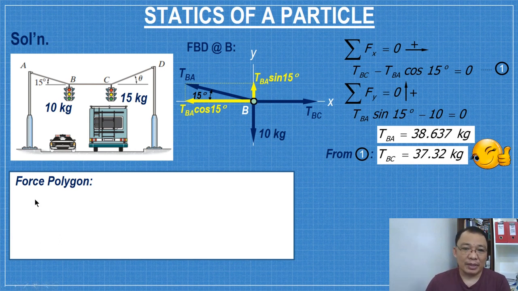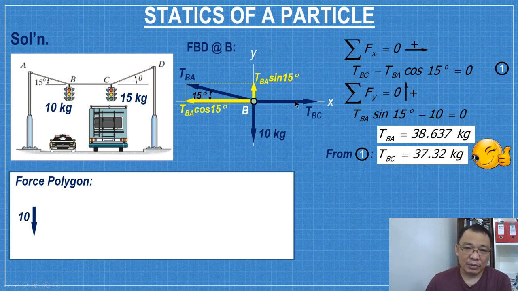That is equilibrium, okay? So, to illustrate, we have three forces: 10, TBC, and then TBA. You can start with any of the three forces, but the usual procedure is you start with vertical or horizontal. Let's start with the vertical force, 10.